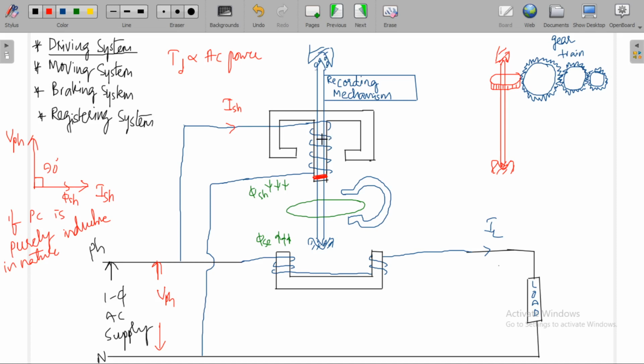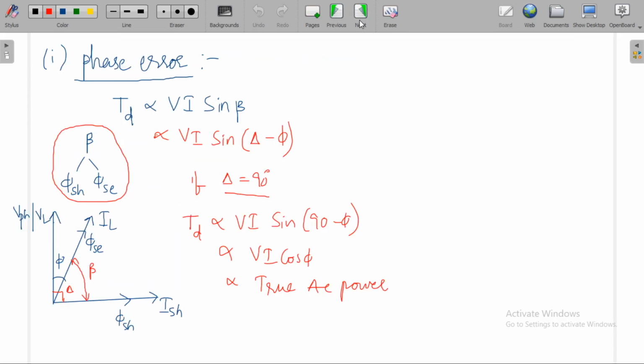Strictly speaking, this is not completely inductive in nature, not completely reactive; it has some resistance. This pressure coil has some resistance. As it has some resistance, delta will not be equal to 90 degrees.